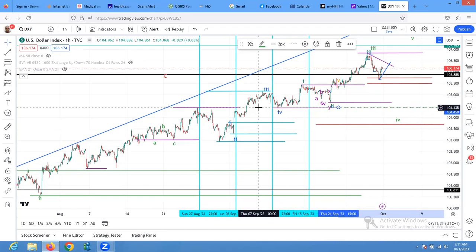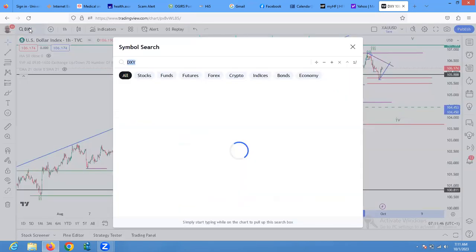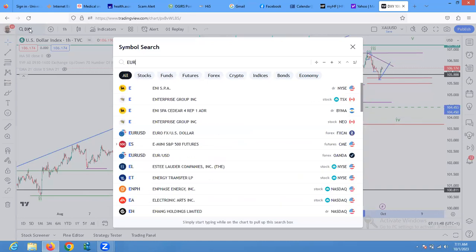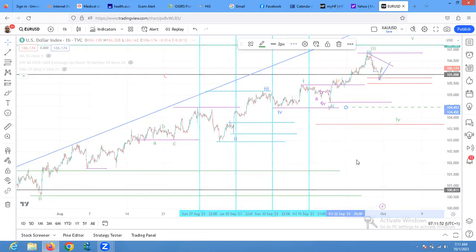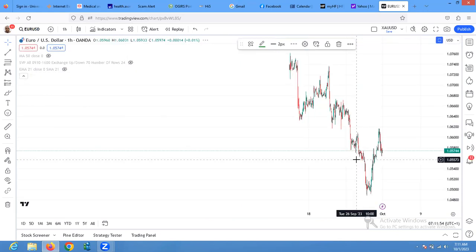This might actually fall within the fourth wave of this one here. But this is where we expect a turn to the upside again for the DXY. So if you look at euro dollar now, and that's where we're going to finish our analysis. I won't be coming back to those other ones again.